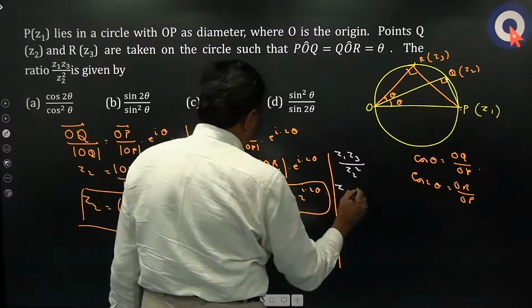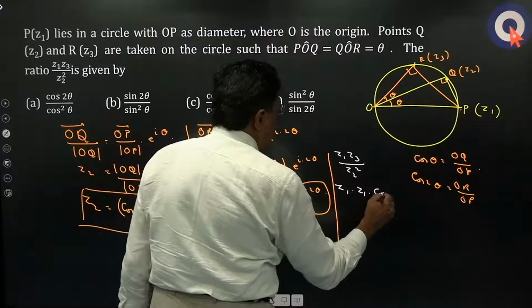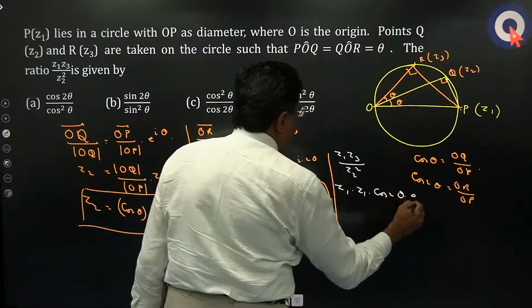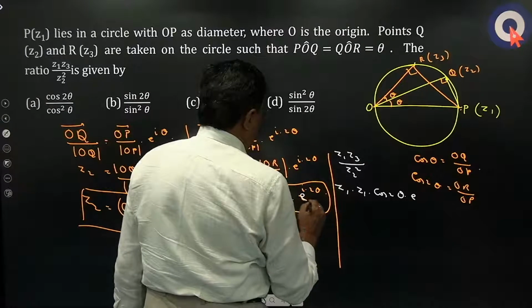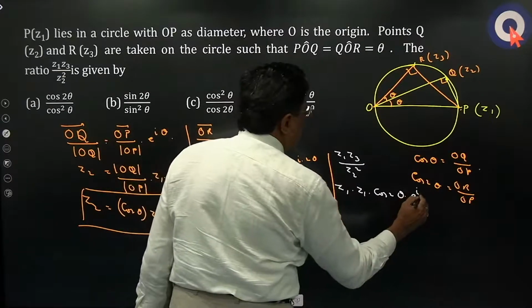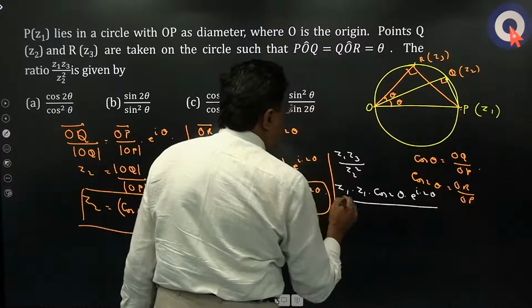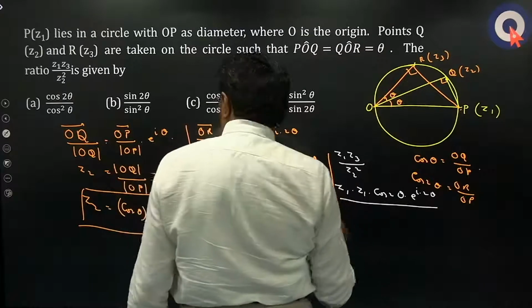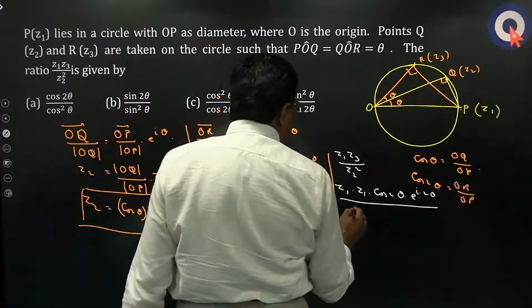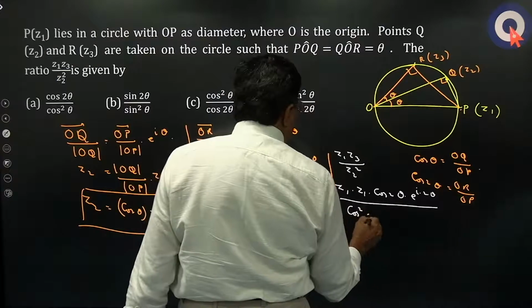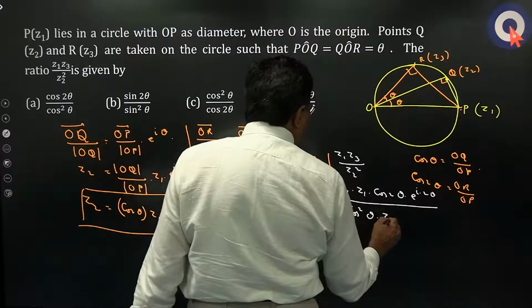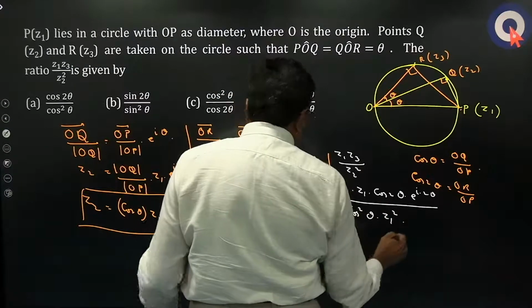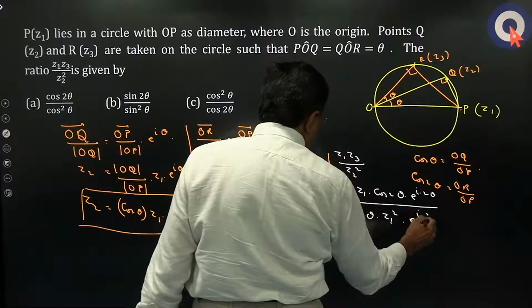Z3 is Z1 cos 2 theta e power i 2 theta, by Z2 square, which is cos square theta Z1 square e power i theta whole square.